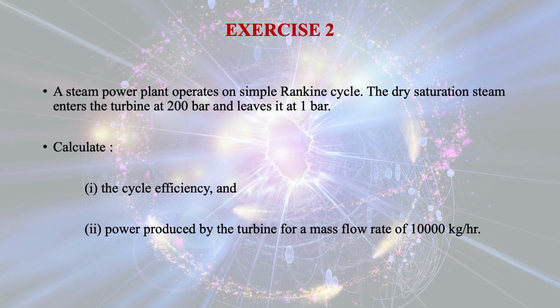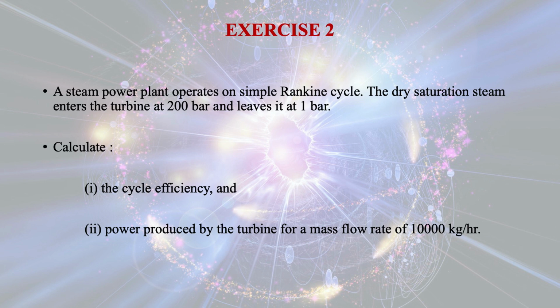The second numerical is: a steam power plant operates on simple Rankine cycle. The dry saturated steam enters the turbine at 200 bar and leaves it at 1 bar.